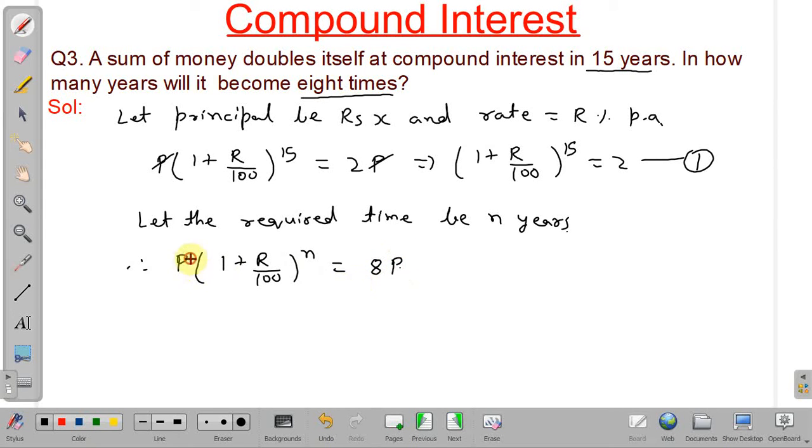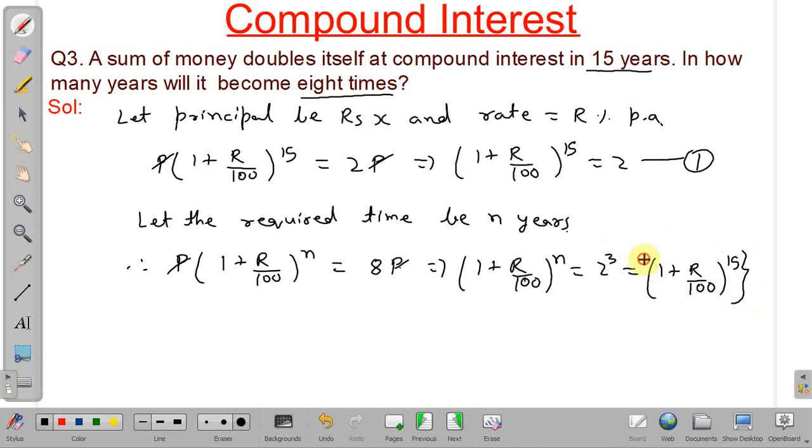Okay, so p and p will get cancelled out. So we will get 1 plus r by 100 to the power n equal to, see, 8 we can write as 2 to the power 3. Okay, and 2 can be written using equation 1 as 1 plus r by 100 to the power 15. So it should be raised to the power 3.